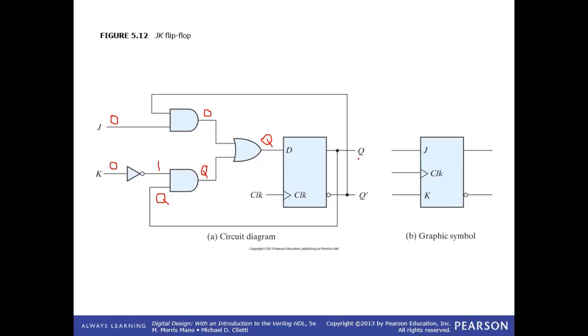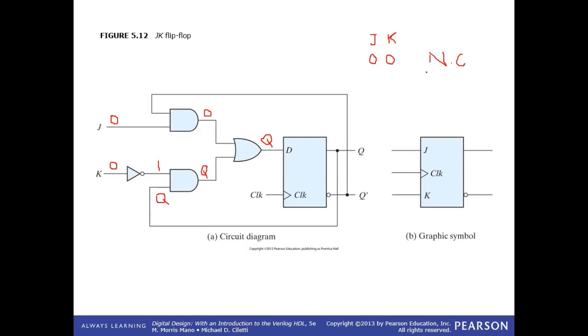If output was Q and D is being fed with input Q again, are we going to have any change at the output states? No. So this means that for a 0, 0 at the J and at the K, the output is no change.